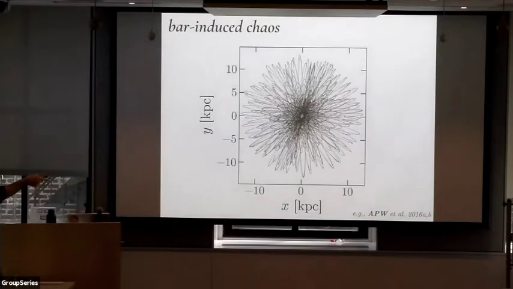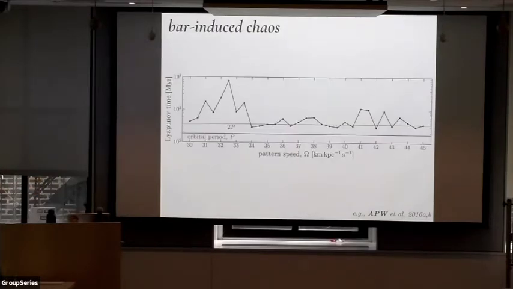But the point I want to make here is that because we don't know the parameters of the bar, we can change them and see how chaotic the orbits are. If you vary the pattern speed between, say, 30 kilometers per second per kiloparsec to 45, even beyond, that just makes this worse. You can compute how chaotic the orbits in this region are by measuring something like the Lyapunov time. What you generically find, there are a few resonant orbits that stick out here.